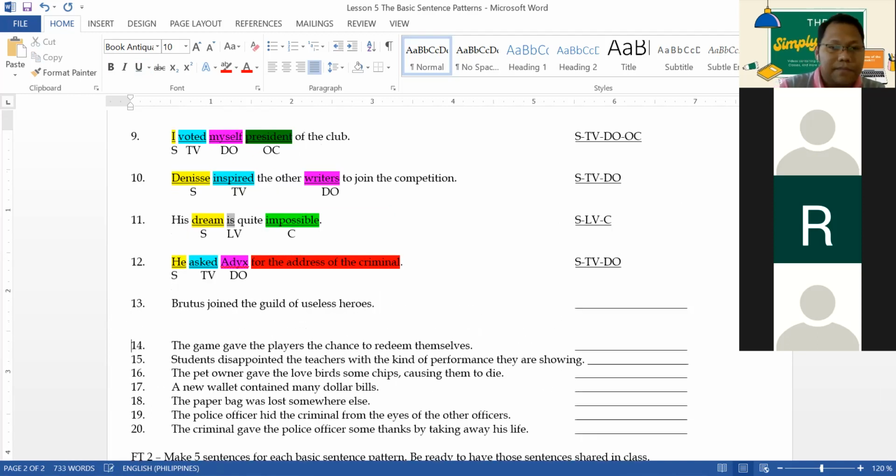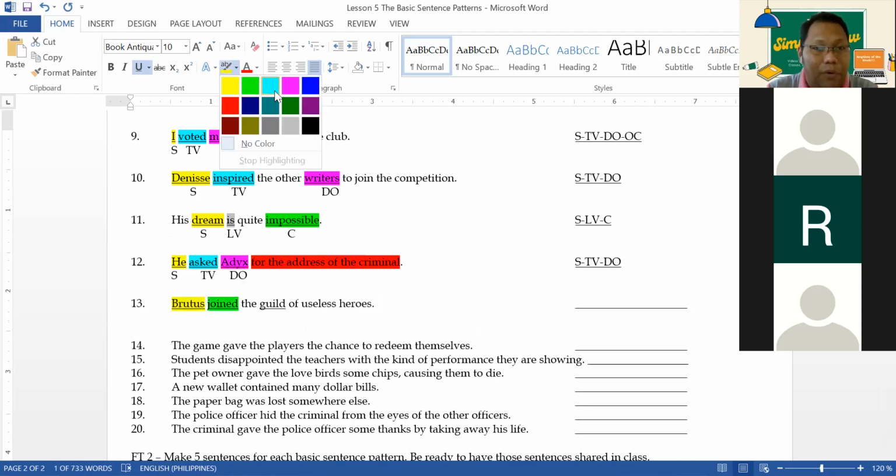13. Brutus joined the guild of useless heroes. Underline the name of Brutus. Joined what? Since Brutus is our subject, we color this with yellow. Join is our verb, and it is a transitive one because there is a direct object.